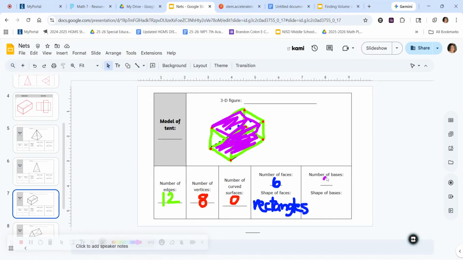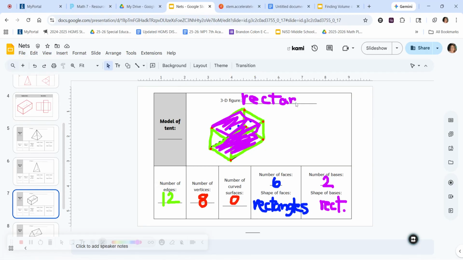So this one has 2 bases, and the shape of those are rectangles. Now, because it has 2 bases, that makes this shape a prism. And because the base is a rectangle, it is a rectangular prism.